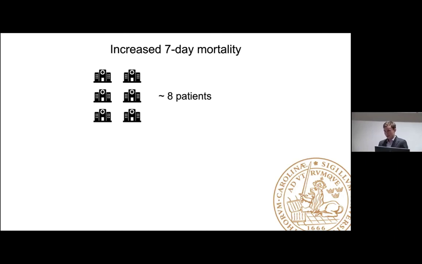And if we extend that phenomenon and our results to the whole of Sweden, a conservative estimate would be about 100 patients per year that have an increased 7-day mortality as a result of crowding.